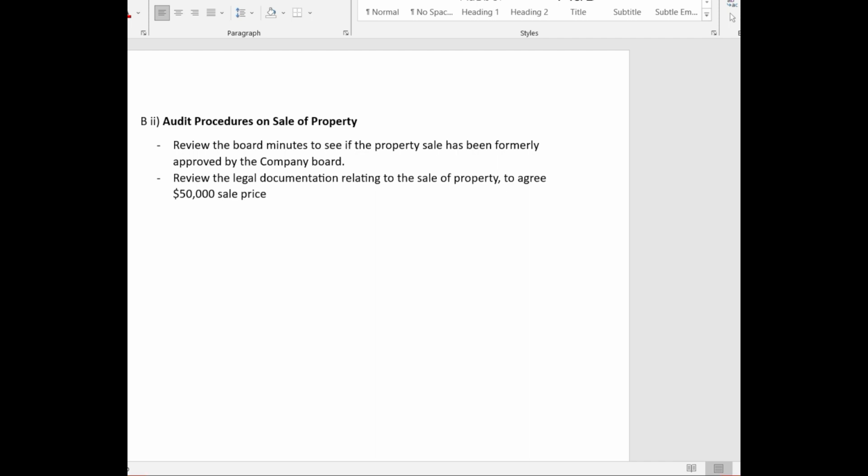Review the legal documentation relating to the sale of property, to agree $50,000 sale price by the group to the CEO, right? We drafted another point. You see how we are drafting. Look at how we are drafting. It's really important to know how you draft.